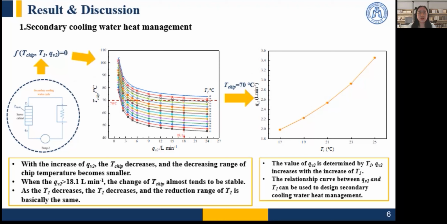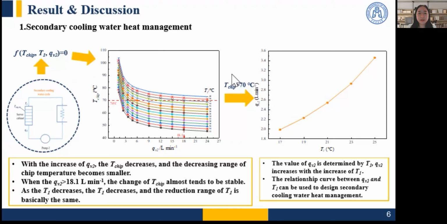With the increase of QV2, the chip temperature decreases, and the decreasing region becomes smaller. When QV2 is greater than 18.1 liters per minute, the change of T-chip almost tends to be stable.